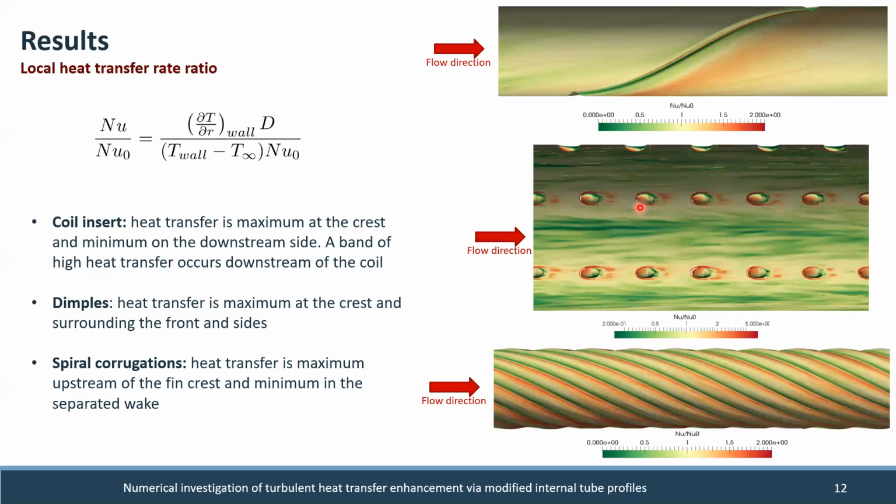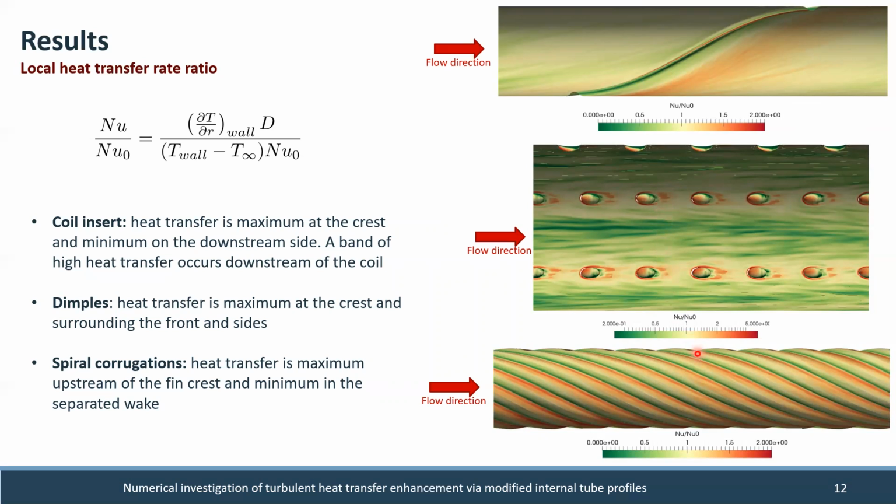The heat transfer enhancement for the dimple is very high at the crest of the dimples, and also surrounding the dimples and downstream of the dimples, and it's very low right on the tail of the dimples.